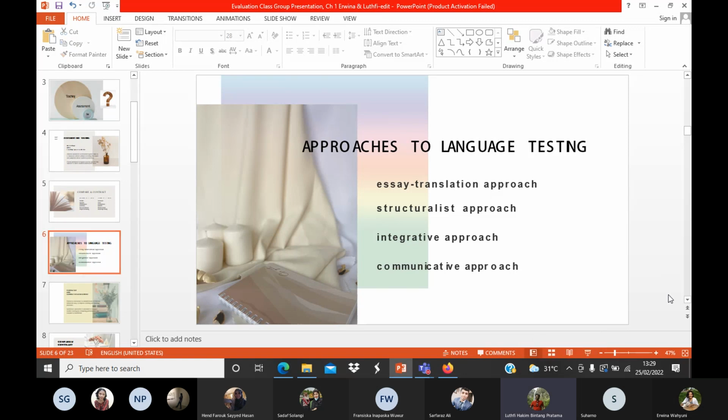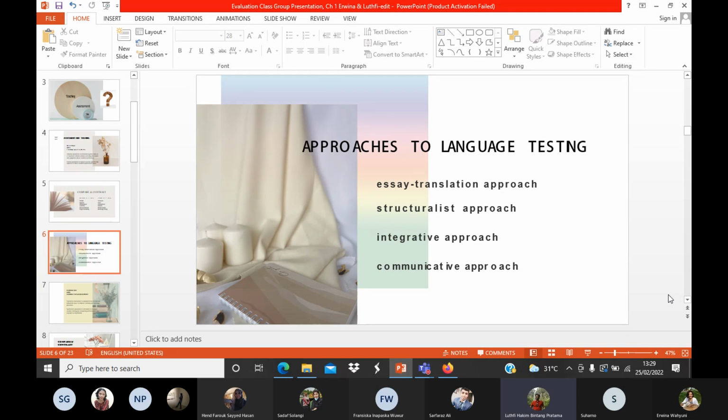The test usually consists of essay writing, translation, and grammatical analysis. The tests also have a heavy literary and cultural bias. Public examinations like the secondary school leaving examination resulting from the essay translation approach sometimes have an oral component at the upper intermediate and advanced level.